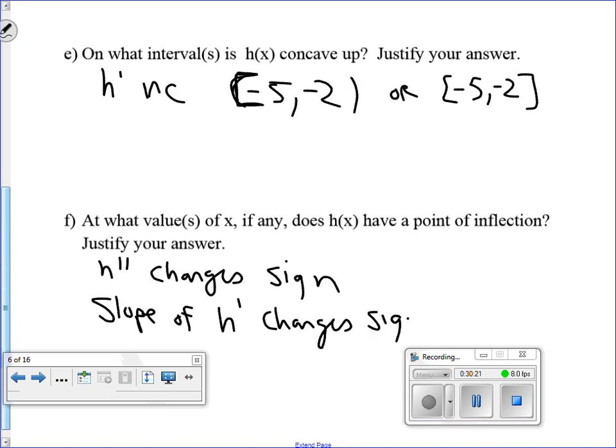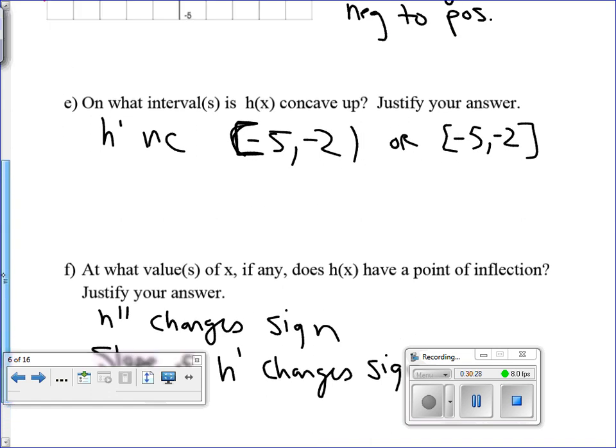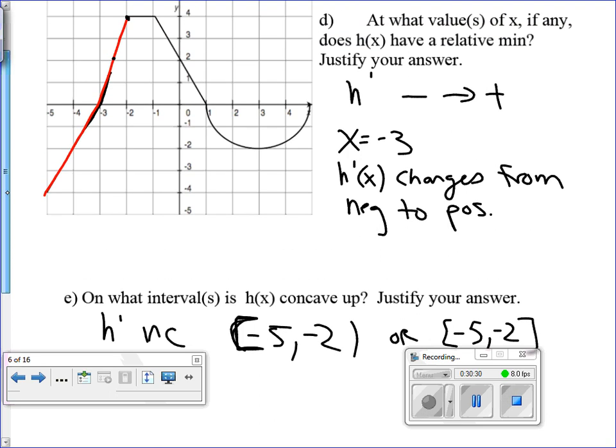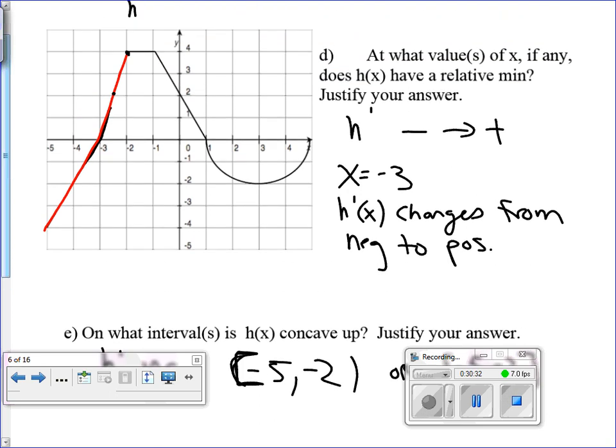That's going to happen whenever your function goes from increasing to decreasing or decreasing to increasing. Now we look at our graph. Your function is increasing, but it's not changing to decreasing, right? It's constant. So at negative 2, we're not going to have a point of inflection on h because the slope is not actually changing sign.